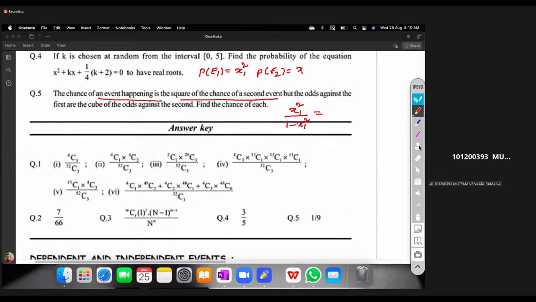Odds against, not odds in favor; I have written odds in favor. Odds against means failure by success, is equal to the cube of this one, so 1 minus x by x whole cube. So 1 minus x into 1 plus x by x squared is equal to 1 minus x into 1 plus x squared by x cubed.